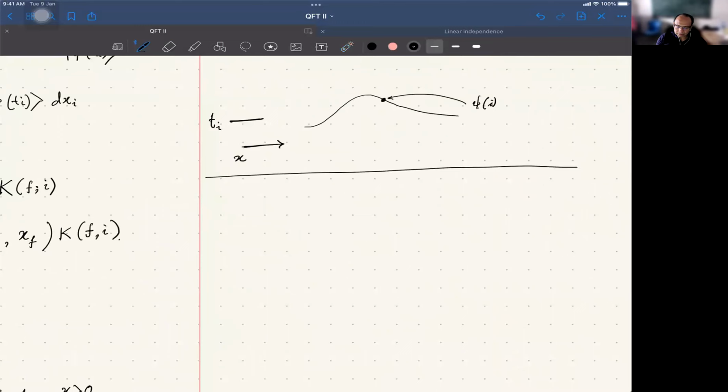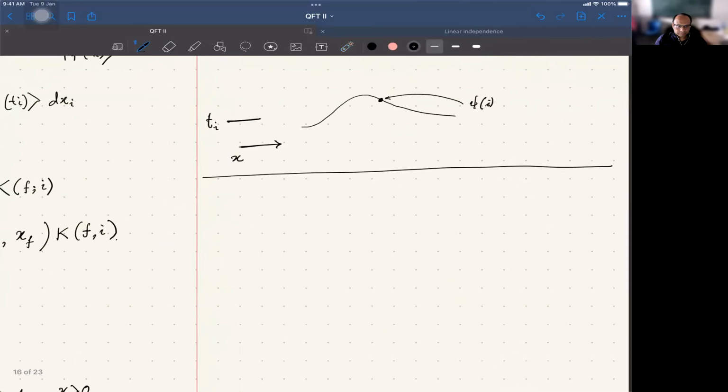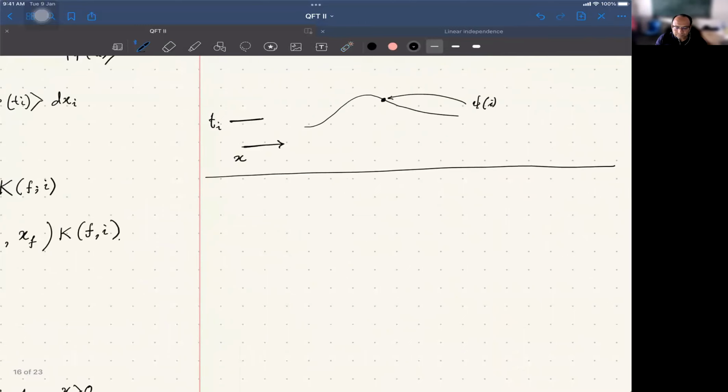Let me calculate it here. So i h bar del/del t_f of K_R, the retarded propagator.